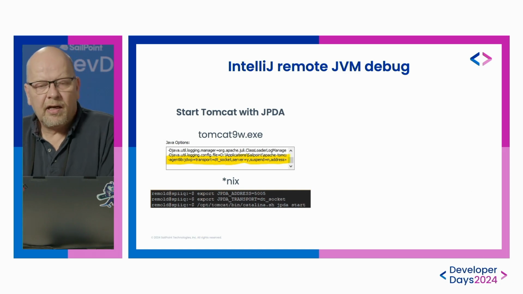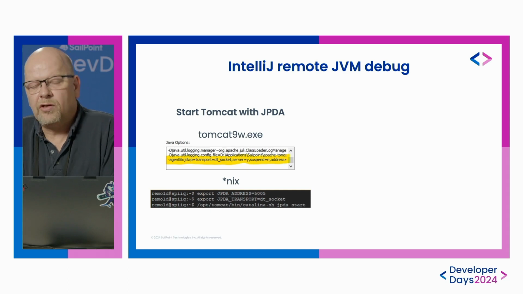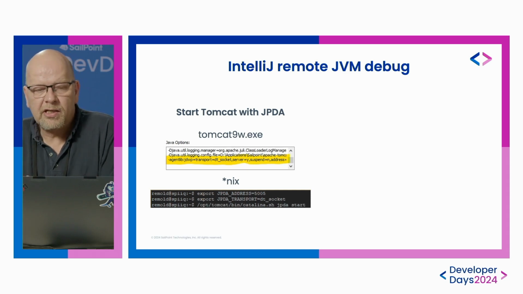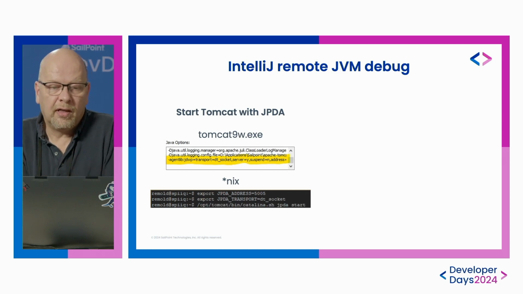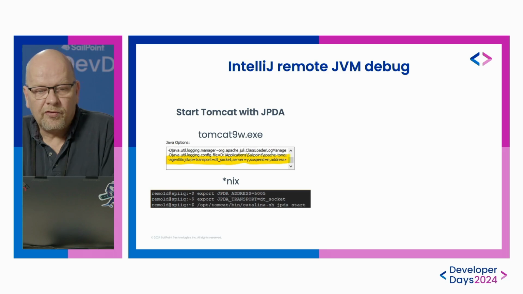For the extra additional steps to enable debugging on Tomcat, you can use the highlighted text that IntelliJ just provides you. You can just edit it in Windows using the Tomcat W executable. Just put in the extra Java options, or if you want to do it in Linux, you can just set up a couple of environment variables and make sure that you start Tomcat using the JPDA configuration option.